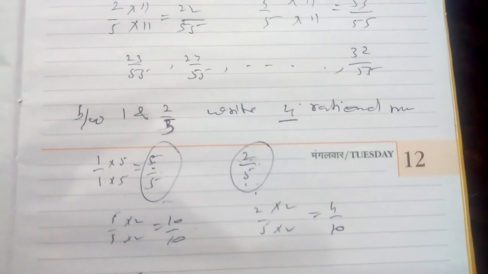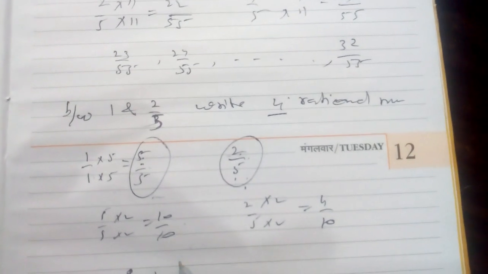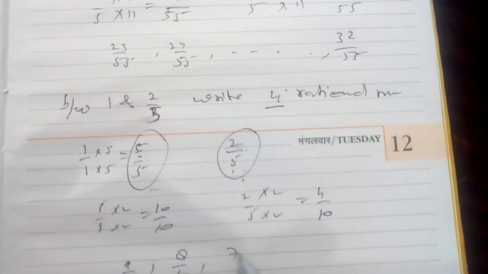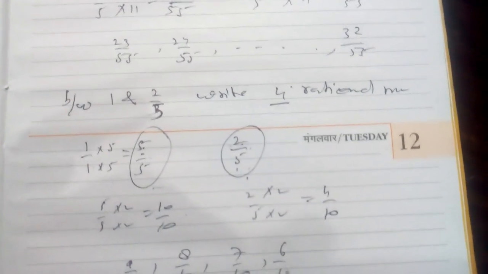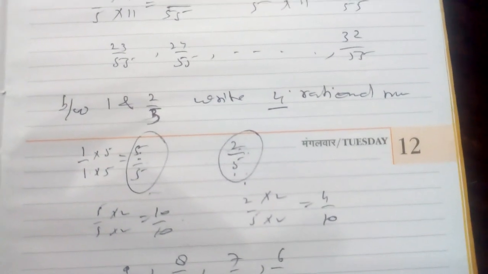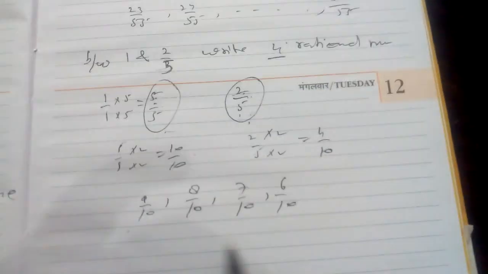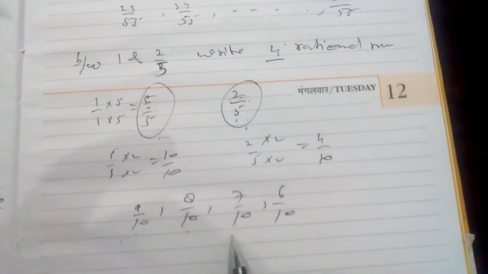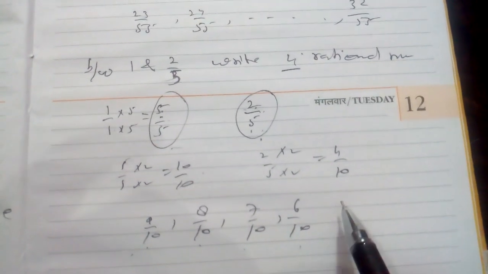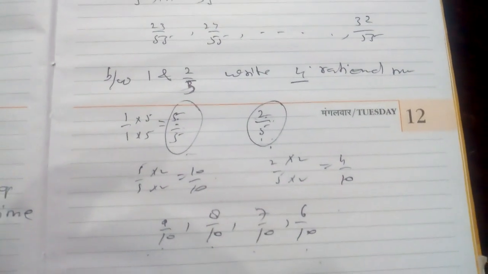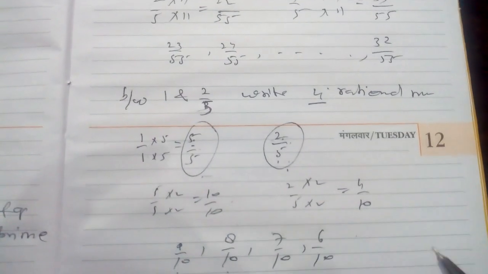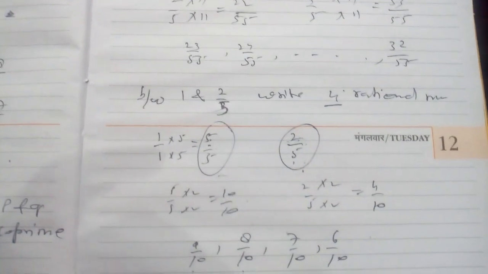So you can write 9 by 10, 8 by 10, 7 by 10, 6 by 10, or you can write 5 by 10 like this. You can write 9 by 10, 8 by 10, 7 by 10, 6 by 10, or 5 by 10, 4 by 10, 6 by 10, 7 by 10, 8 by 10, any of them.